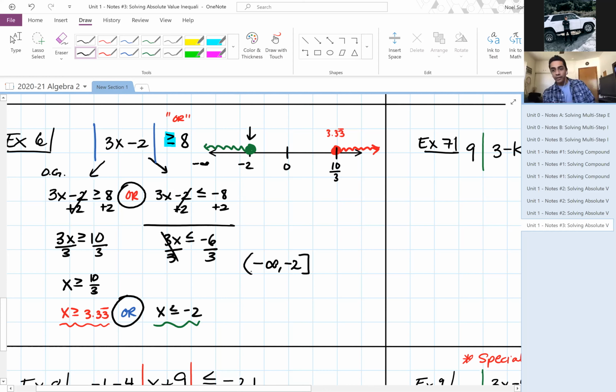There's a gap, but we still have another interval, so then we want a union with the interval that starts on the other side. So then this one starts at 10 over 3, and then it continues to the right until it gets to infinity, and then we have a parenthesis. Okay, so then this right here represents our interval notation for number 6.